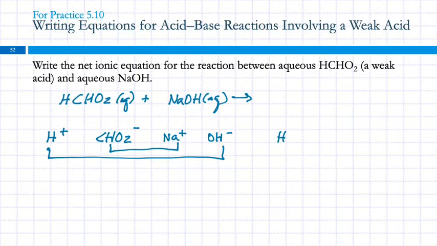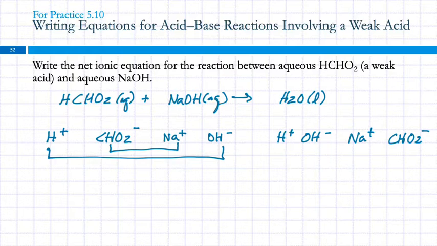So this is maybe getting a little familiar. I'm getting H+ and OH-. Those are going to make water. And then my other two things are sodium and that weird looking guy, girl, I guess, CHO2-.